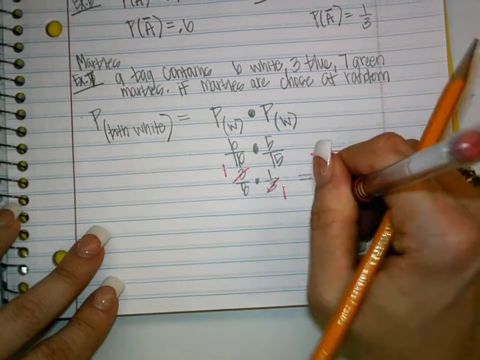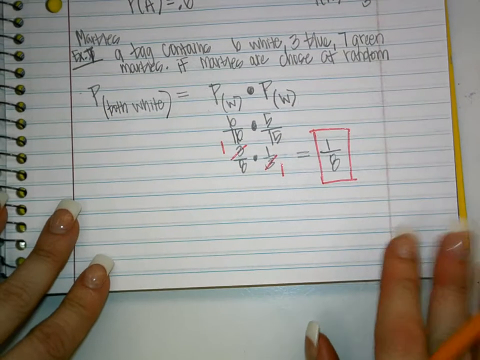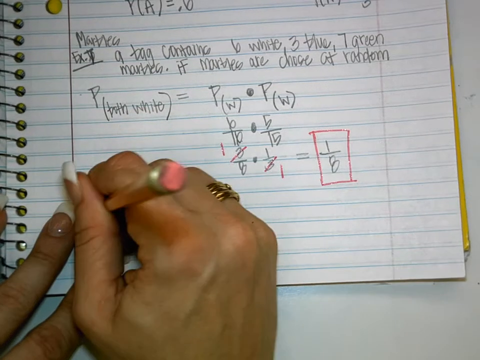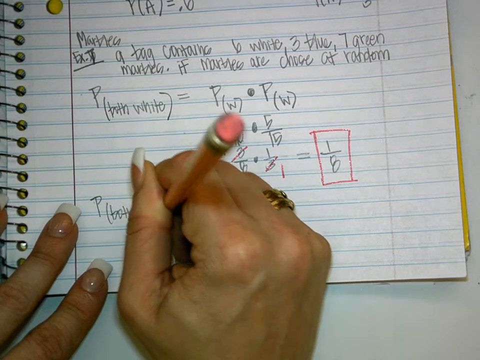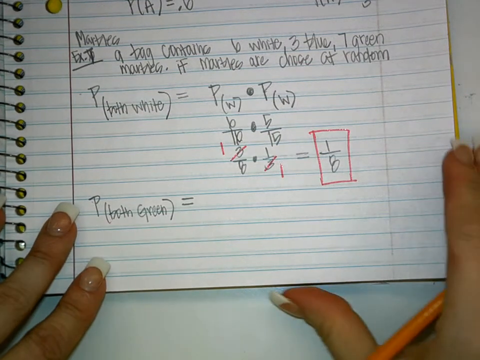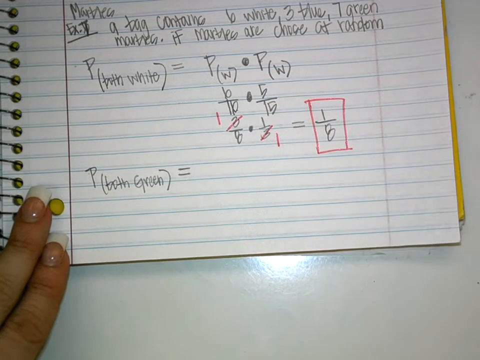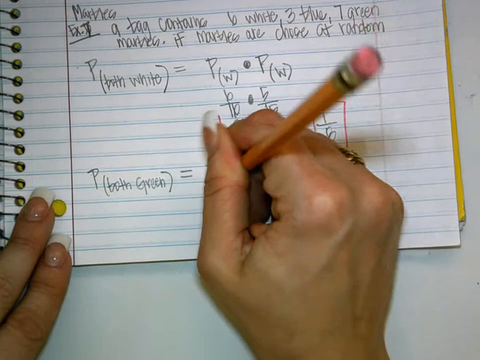And remember, anytime you see the word probability or that P, you have to have a fraction or a decimal answer. Okay? What's the probability that you pick both that are green? So that's the probability that the first one's green.